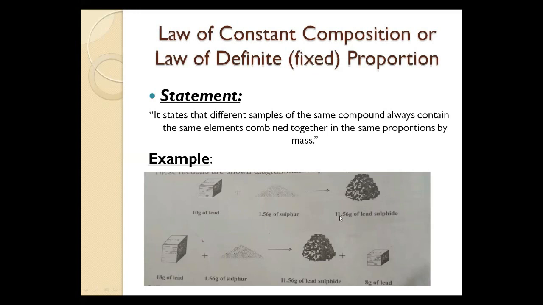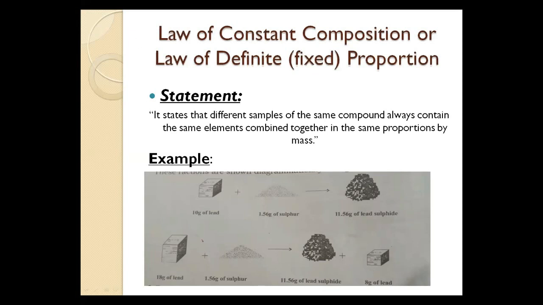For more clarification, next we change the quantity of lead. Instead of 10 gram, we use 18 gram of lead and 1.56 gram of sulfur. So 11.56 gram of lead sulfide is obtained, and the remaining 8 gram of lead remains unused.